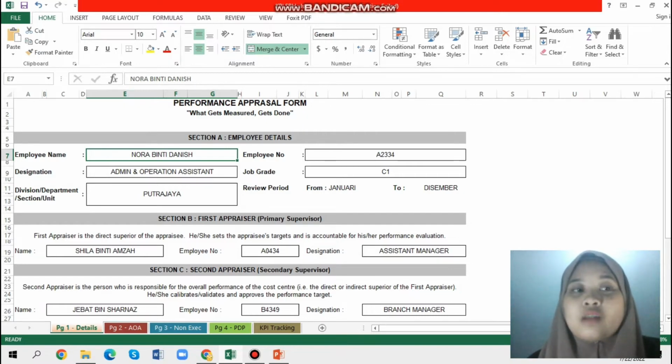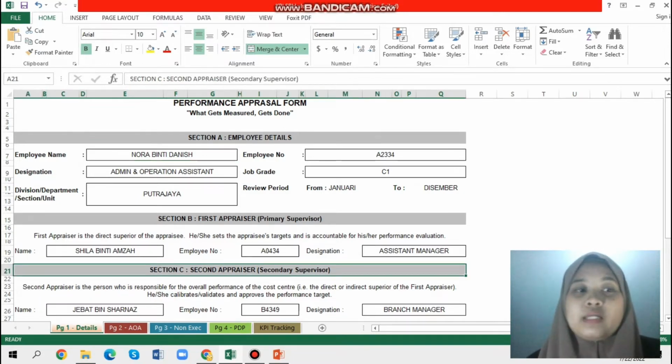In this form, simplicity is seen in that it is not too crowded, so the evaluator does not struggle to understand what is inside the form. It starts with employee details like name, department, job position, who their manager is, and the review period.